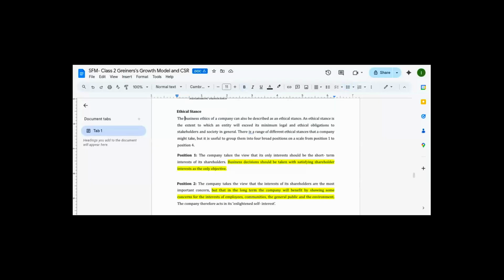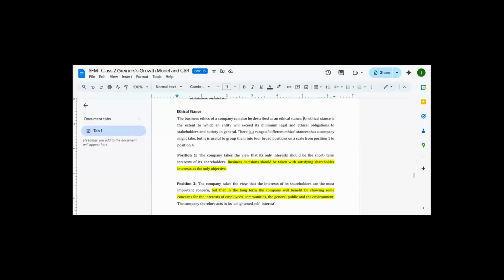So the next is the ethical stance. Let's look at the definition together. An ethical stance is the extent to which an entity will exceed its minimum legal and ethical obligations to stakeholders and the society in general.